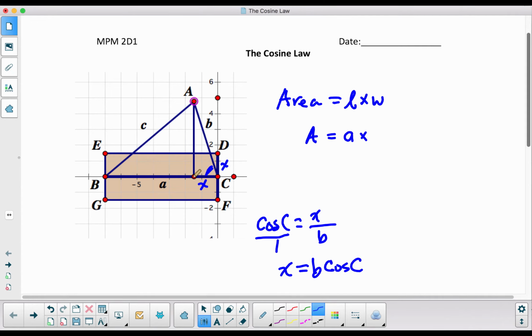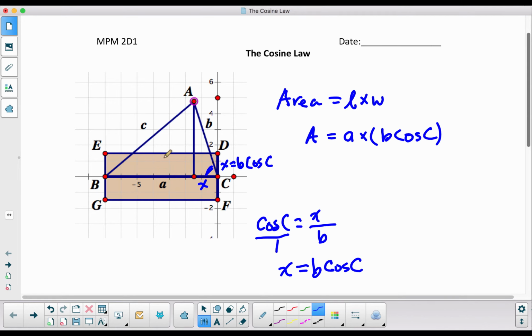So this width of the rectangle I've called x, but having done this little calculation, we know that x is the same thing as b cos c. So what is this width? This width is actually b cosine c. And so we can put that in our little formula here. Area is a times b cosine c.